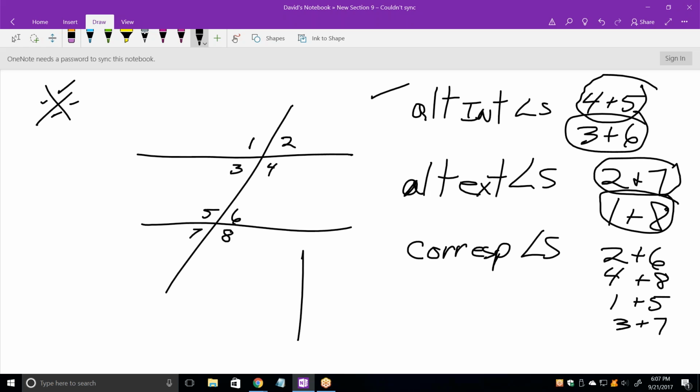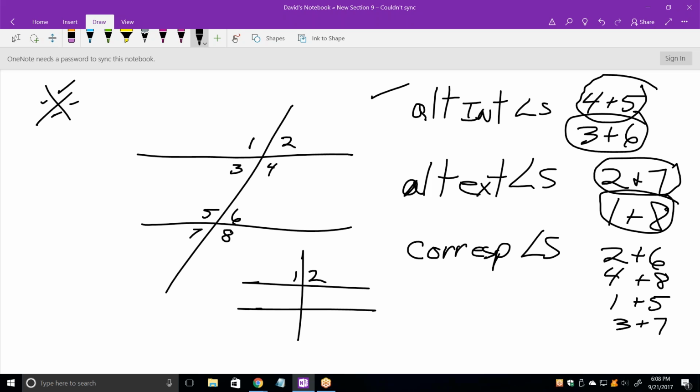If I draw the two parallel lines with a transversal that is nearly perpendicular, but not quite. There's my 1 and my 2, but I don't know that they're 90-degree angles. One might be 89 degrees, the other might be 91 degrees.